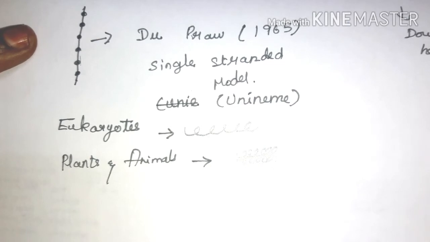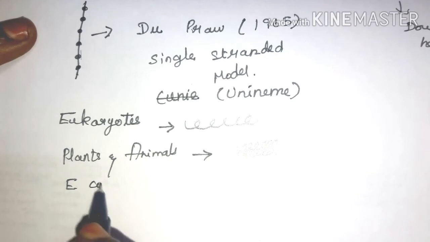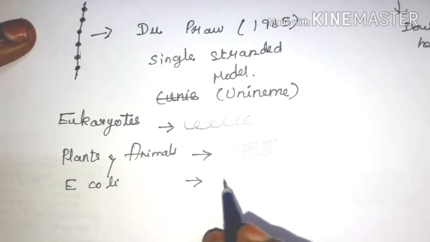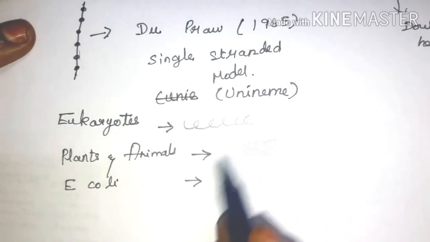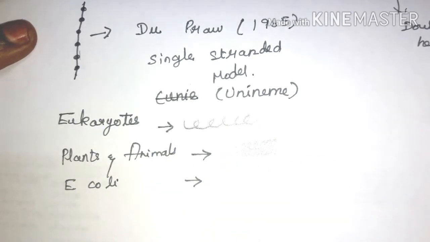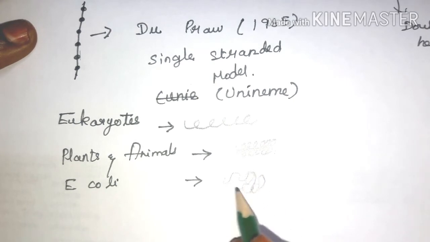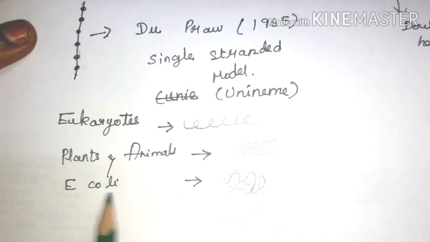In the case of E. coli, it is a strand-like structure. How it is arranged: it's kind of loops, so many loops like this arranged inside the E. coli bacteria.